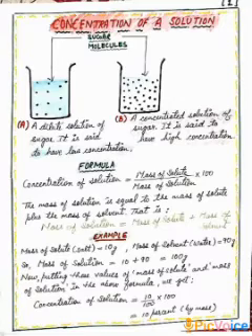Now, putting these values of mass of solute and mass of solution in the above formula, we get the concentration of solution. Concentration of solution is mass of solute upon mass of solution multiplied by 100. So, 10 upon 100 multiplied by 100 is equal to 10% by mass. Thus, the concentration of this salt solution is 10% by mass.